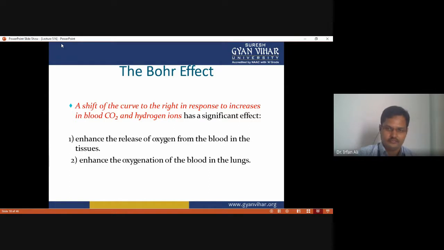So when the carbon dioxide or hydrogen ion concentration increases in the blood, the oxygen dissociation curve shifts to the right.